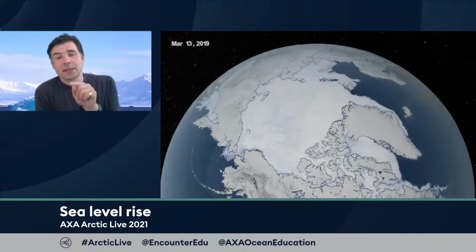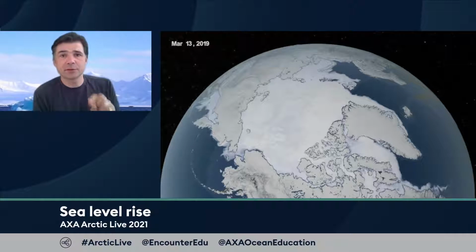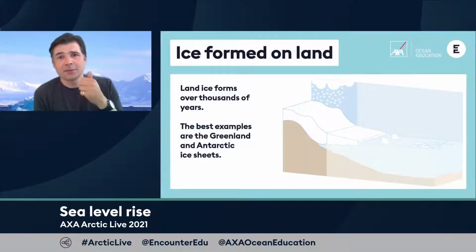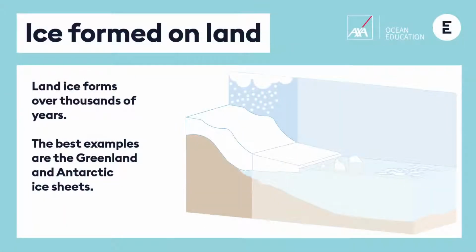What we're going to look at during this lesson is a variety of different types of ice. I just want to go over those. Now, the first one we have is land ice. Okay, so land ice is ice that's formed on land by falling snow, then compacted into ice, and can comprise ice sheets like we saw over the continent of Antarctica.